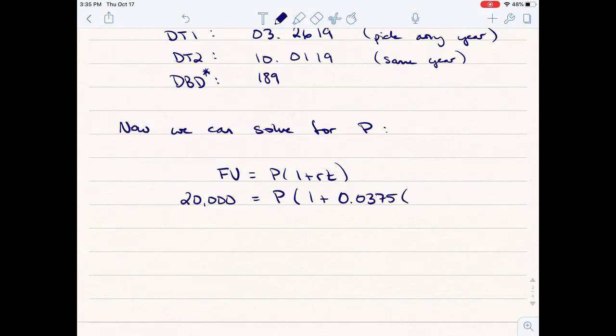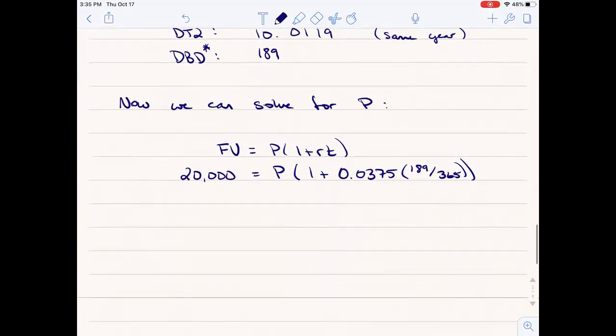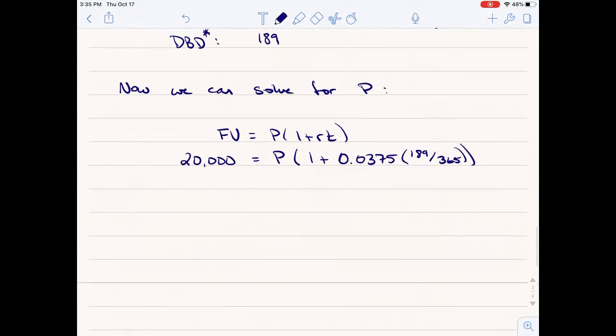Times T, which we said was 189 over 365. So now we can simplify inside our brackets and then move it over to solve for P. You could move it over first if you'd like, but I always like to simplify before I move it over, but it's just up to you, personal preference.